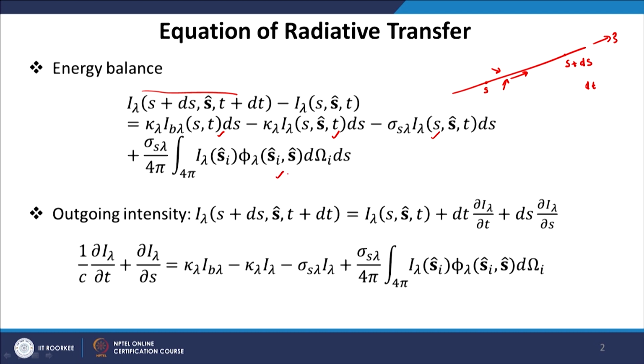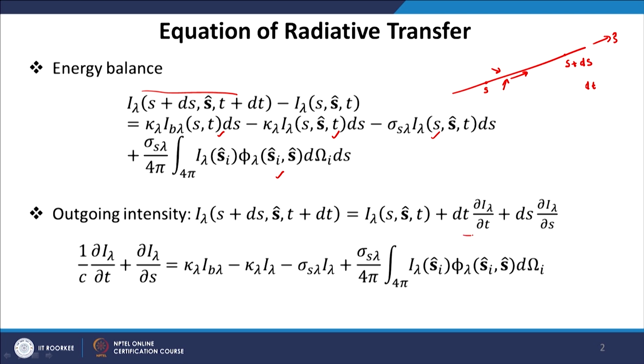We see that the integration in this equation appears in the in-scattering term, and phi lambda is the scattering phase function.